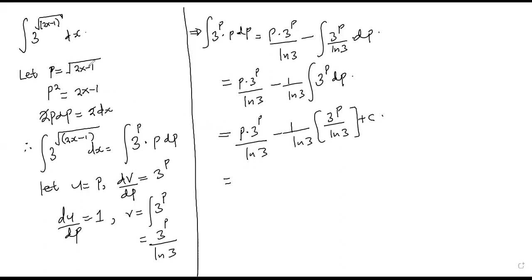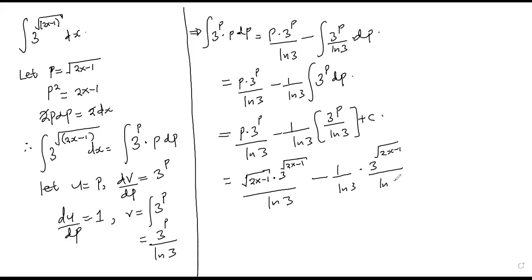But p is the root of 2x minus 1. So you substitute root 2x minus 1 times 3 to the power p, that is 2x minus 1 out of ln 3, then minus 1 over ln 3 times 3 power p, that is root 2x minus 1, over ln 3, everything plus a constant of integration.